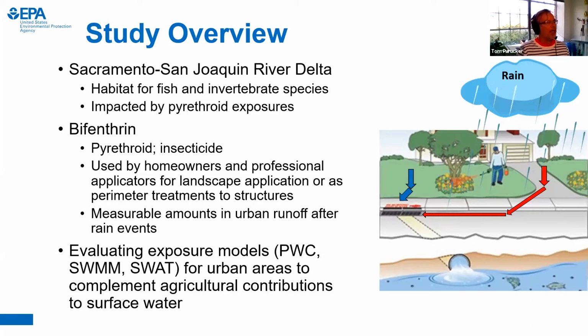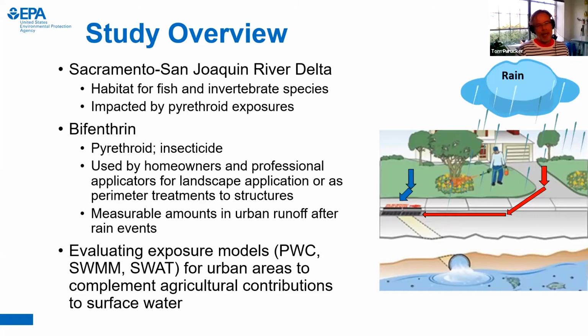It's an insecticide that's used by homeowners and professional applicators, so it's used more in urban situations. It's heavily used in foundations and in landscapes to protect areas from insects.